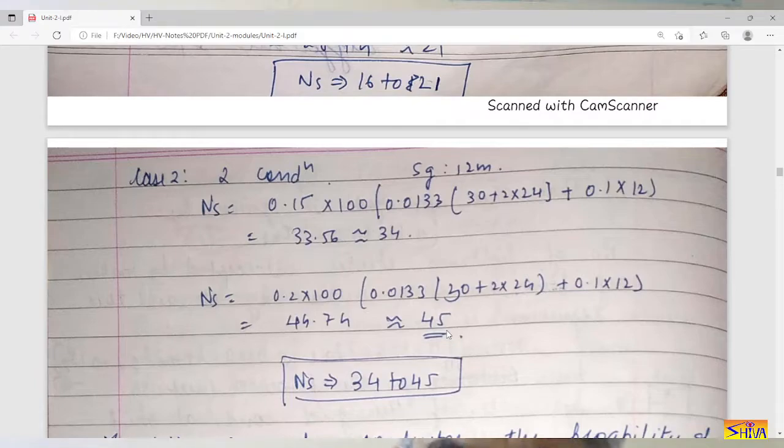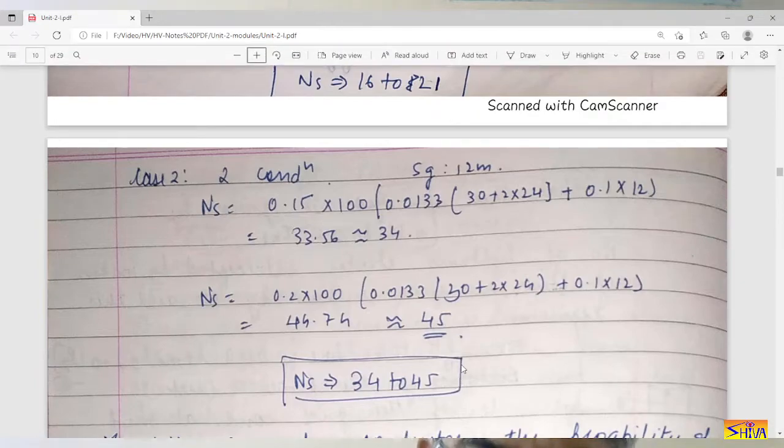Now finally we have to comment on the result. Suppose there are X number of strokes on the 100-kilometer length of the line. Then out of those strokes in 1 year, 16 to 21 will be on the ground conductor if we are using a single ground conductor. The remaining strokes will be on the power conductors, the transmission line conductors.